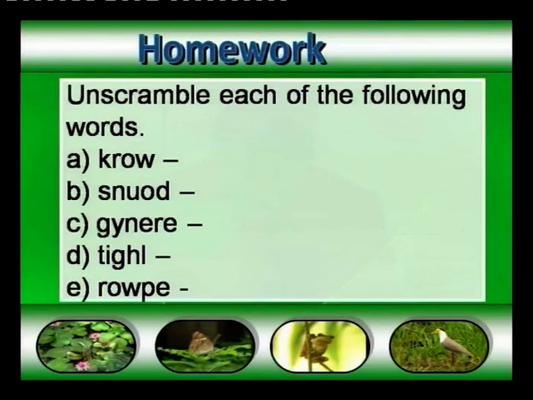And letter E, the last one. Let's have Jason. Power. Okay, the correct word there is power. Very good. That's the correct answer.